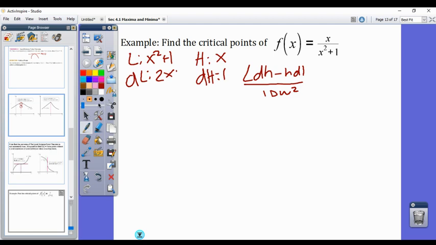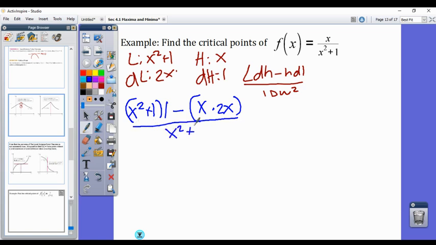Okay, so now that I have that, let's go ahead and plug all this in. I'm going to switch colors. All right, so low was x squared plus 1. D high was 1. High was x. And D low was 2x. All right, so then we're going to say x squared plus 1 squared.